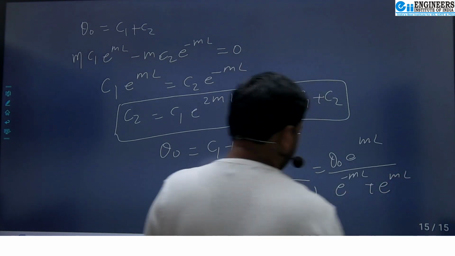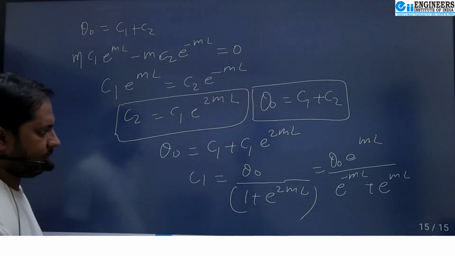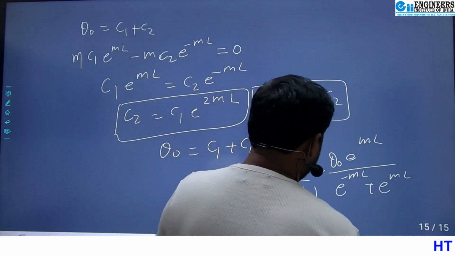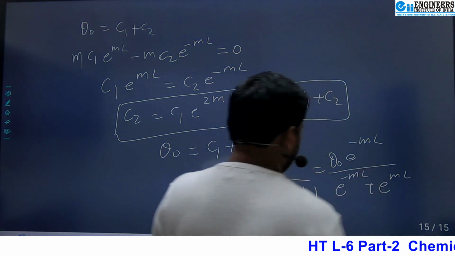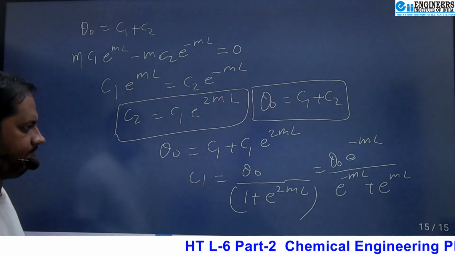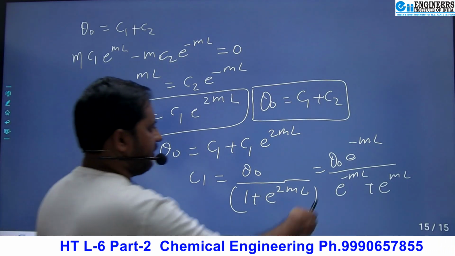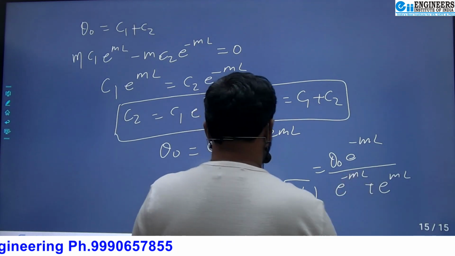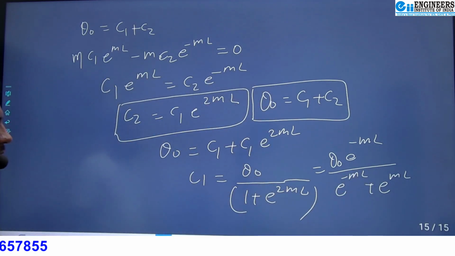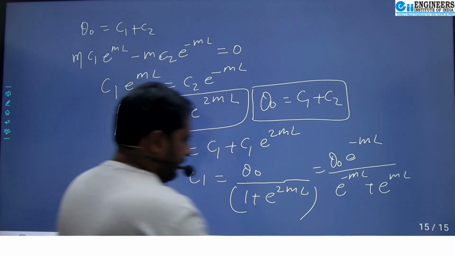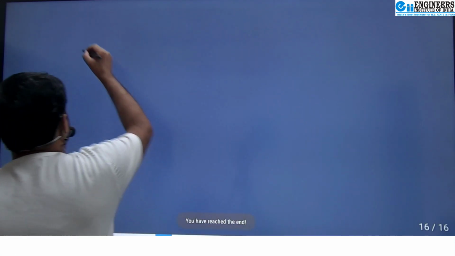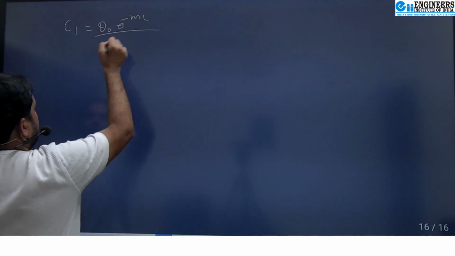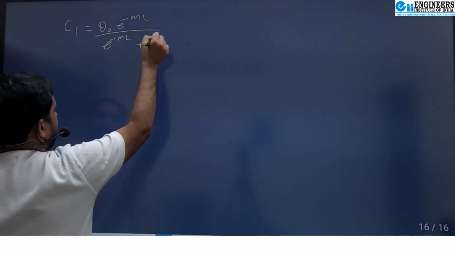Can we write this in this way? No, we can't. We can write it like this way, because when we divide by e power ml in both numerator and denominator, you will get the same value. So c1 can be written as theta naught e power minus ml upon e power minus ml plus e power ml.